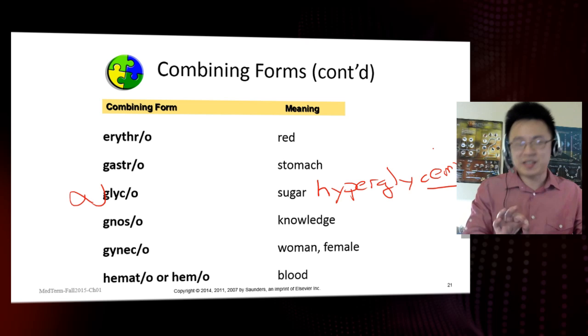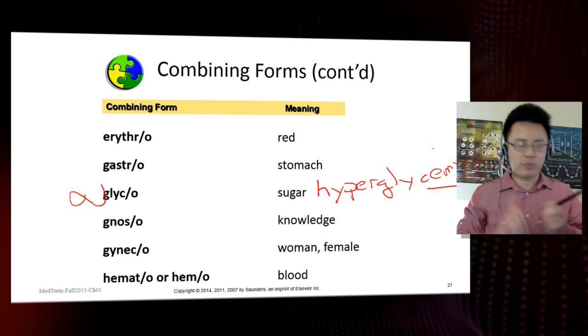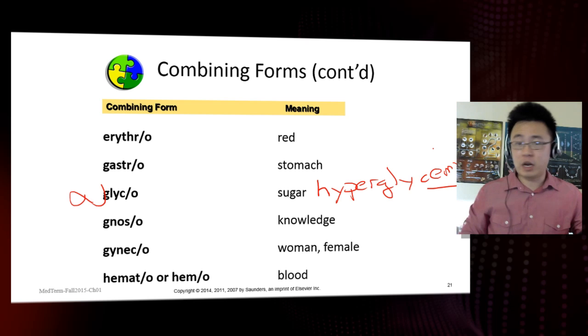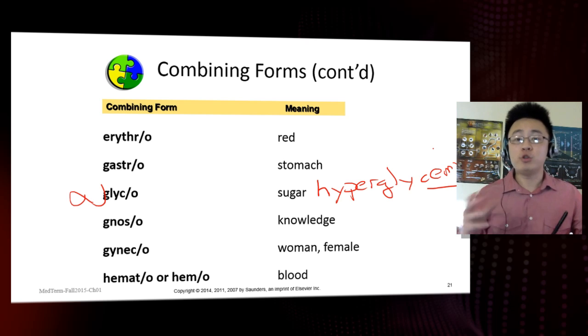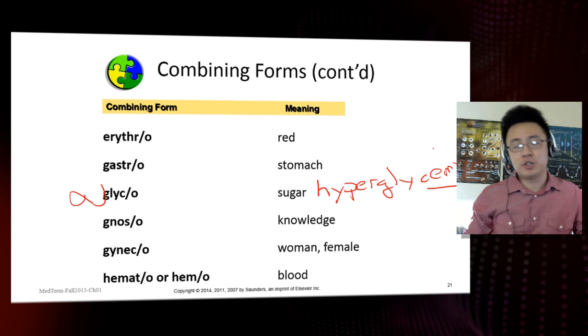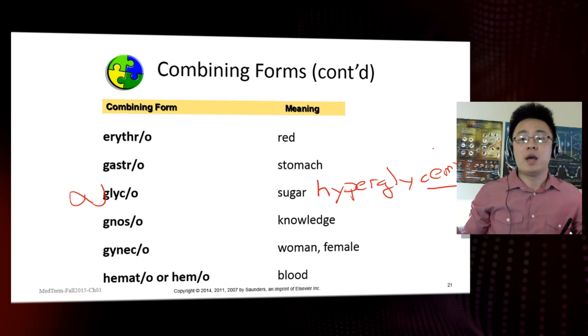The word excessive is the key word there, because after you eat a meal, whether it's breakfast, lunch, dinner, or brunch, after you've consumed that, your blood sugar is going to go up. You're going to have a high blood sugar level. Most students are probably going to write down high blood sugar level, and they're probably going to get away with it in some other classes. But in my class, you're not going to do that. It is an abnormal blood condition of having excessive blood sugar levels.